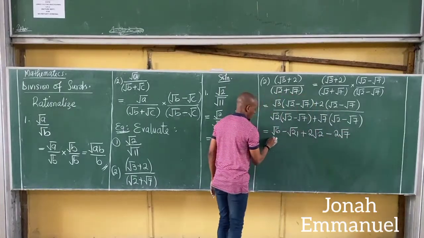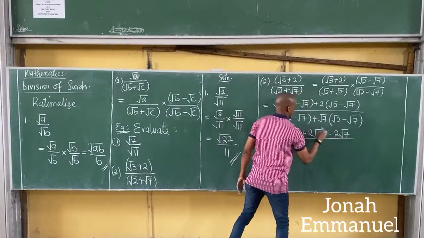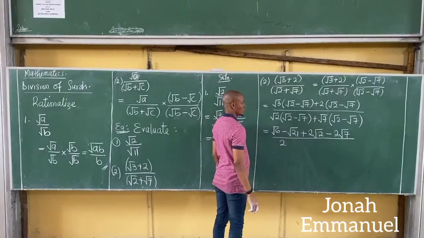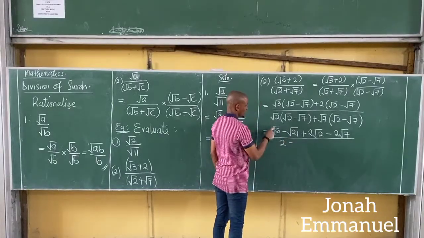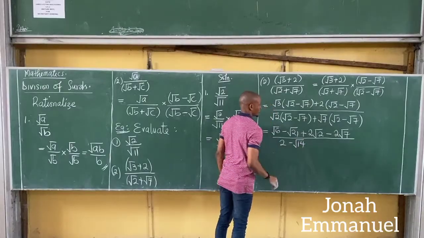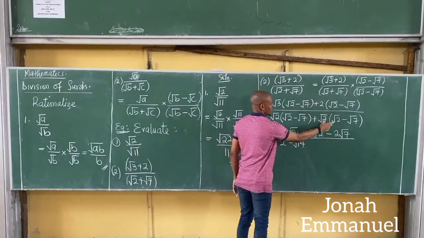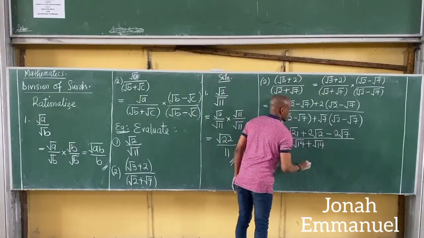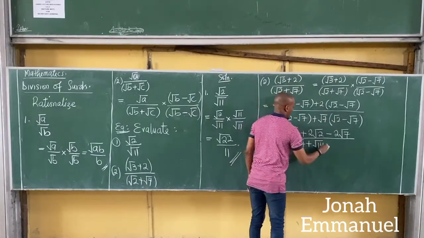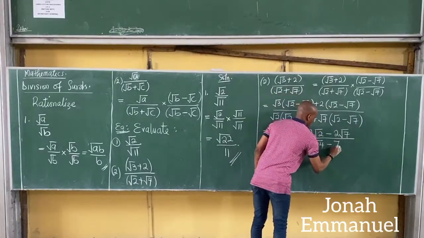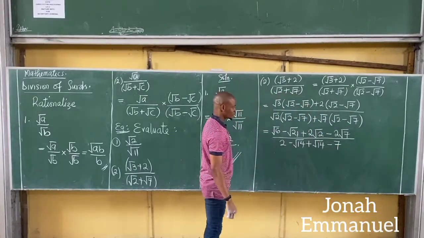I have this one here. All over. Work on the denominator now. Root 2 times root 2 gives you what there? 2. Minus root 2 times root 7, root 14. Plus root 7 times root 2, root 14. Plus times minus root 7 gives you what there? 7. So I have it.